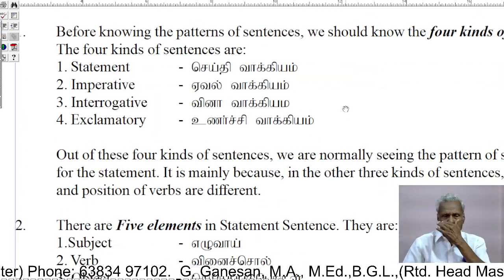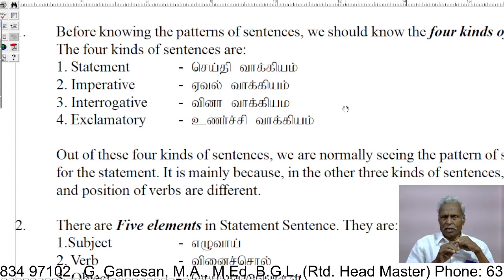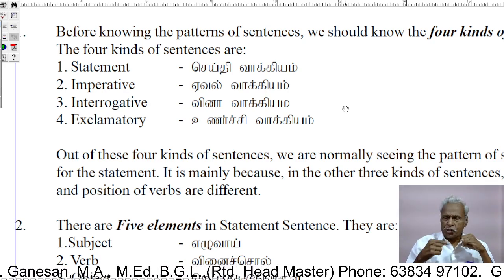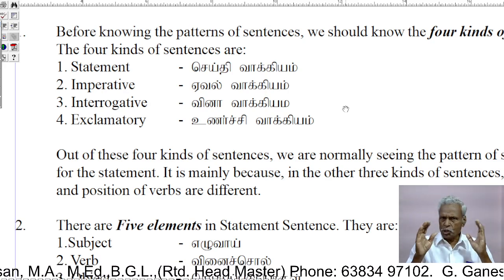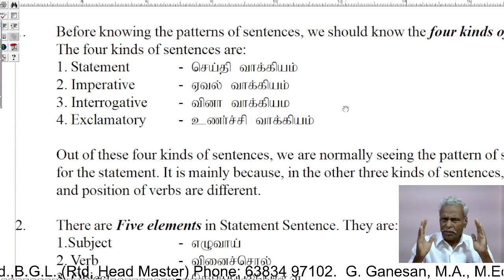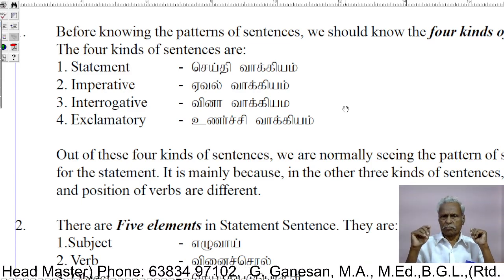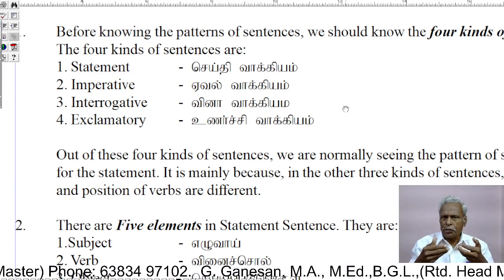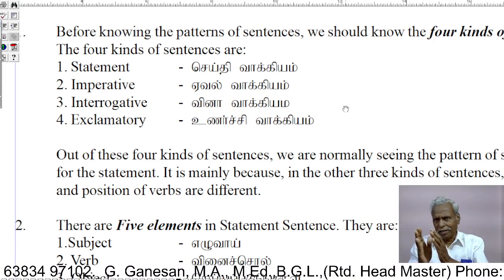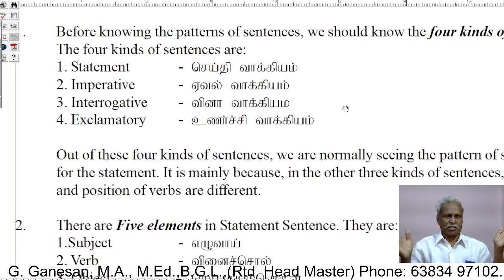After these four kinds of sentences, the sentence pattern is normally used for the statement. We explain the pattern of the sentence only for the statement, because in imperative, interrogative, and exclamatory sentences, the order of verb and subject would be different.